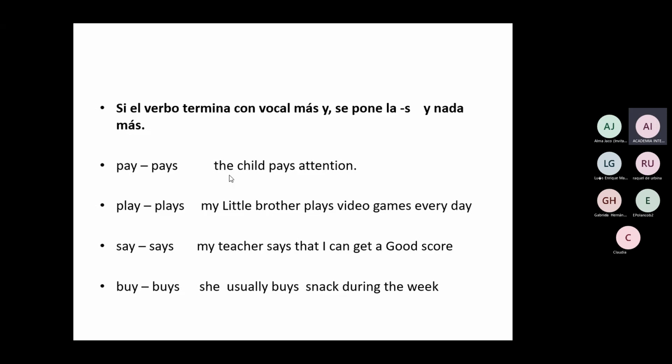The child pays attention. Okay, the second one, somebody else, another person. Who would like to try? How would you pronounce this one? This is play. But in this form, how would you pronounce the verb? The verb, I mean, with a sentence.